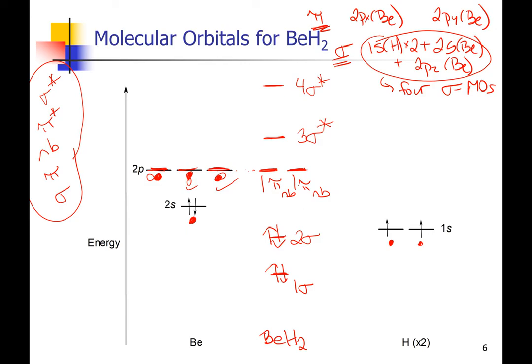If I want to fill in the tie lines, each of these sigma symmetric molecular orbitals came from the 2s on beryllium and the 1s on hydrogen and the 2p on beryllium. And you can see that those tie lines start getting really cluttered really fast.